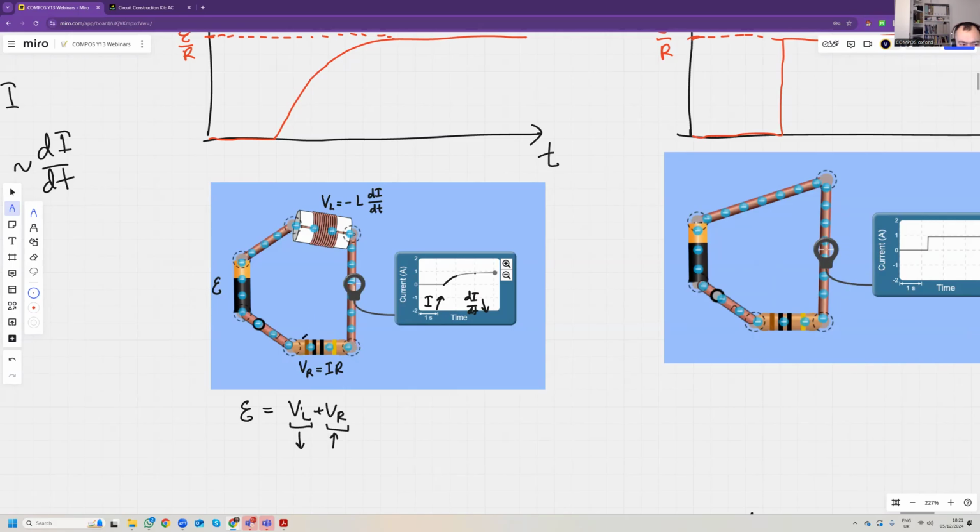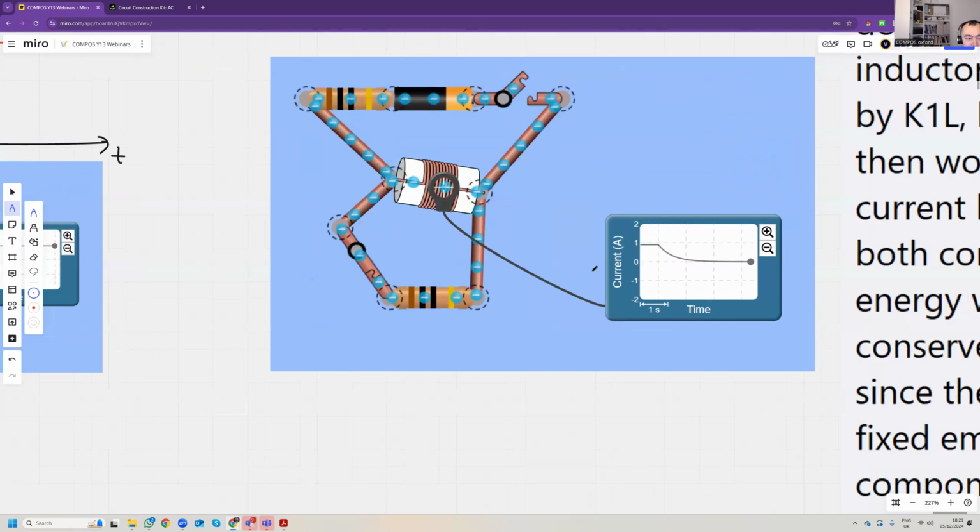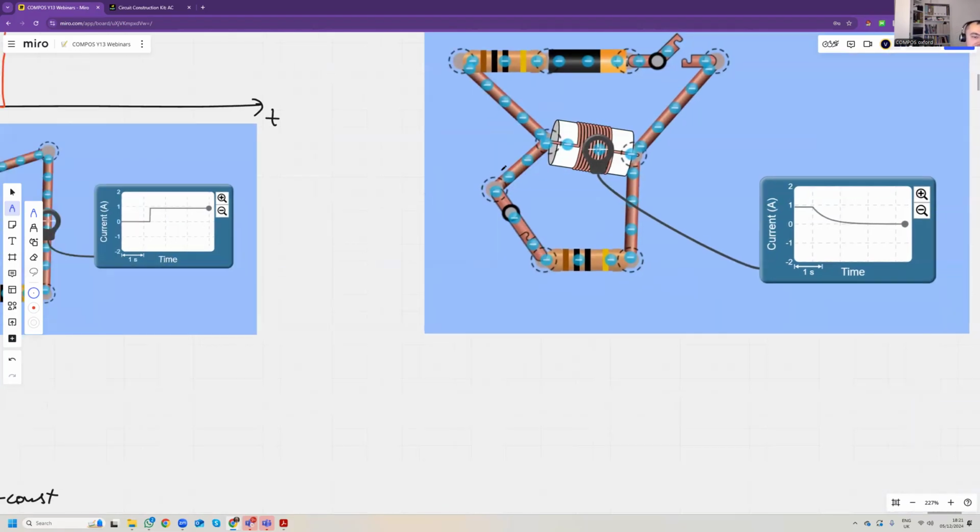So some of the energy is, of course, dissipated through the resistor. But where does the remaining energy go? If you stop supplying the power from the battery by flipping the switch, and yet the current is still running, that means that there's some energy.